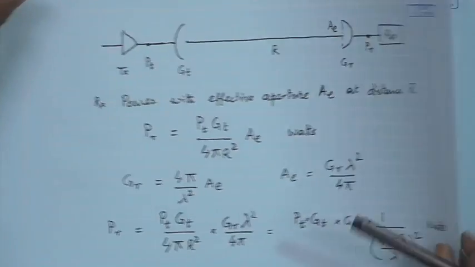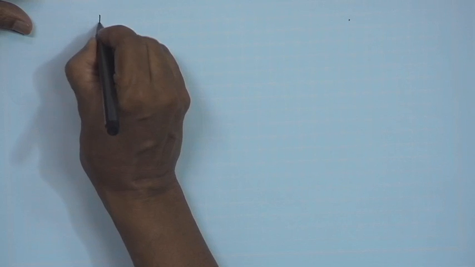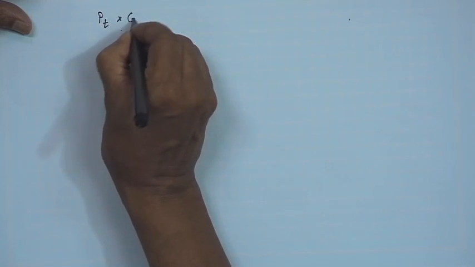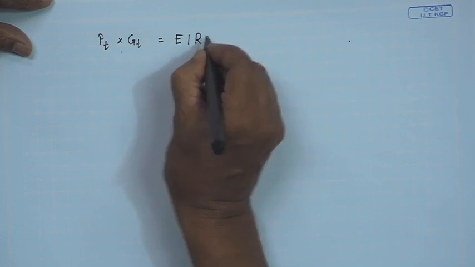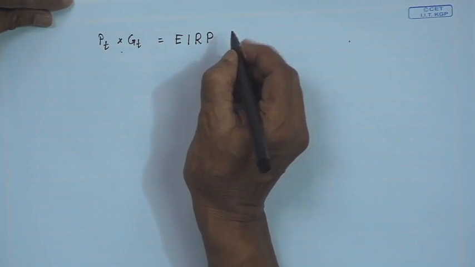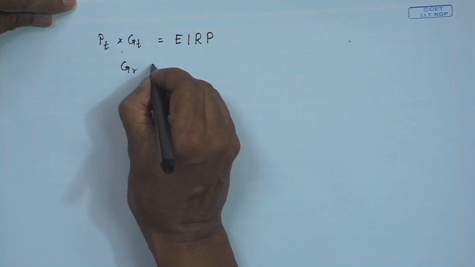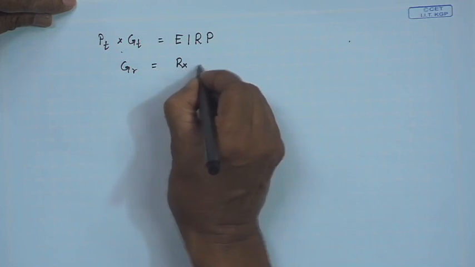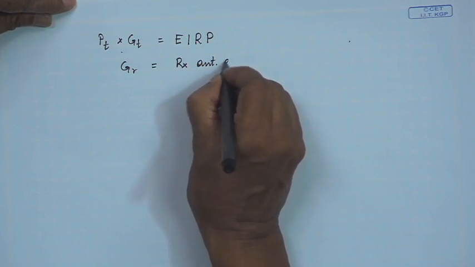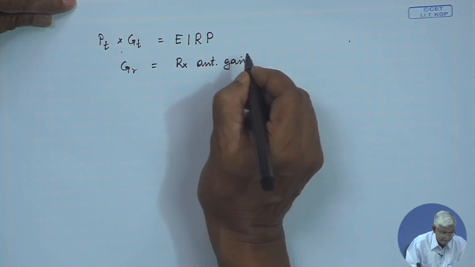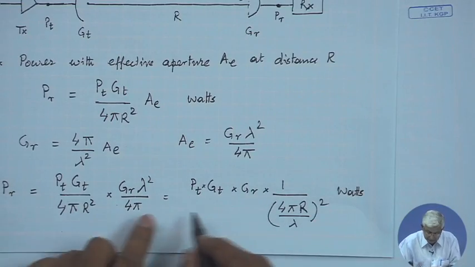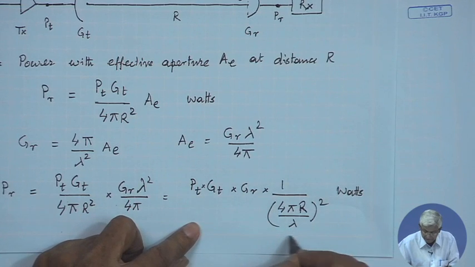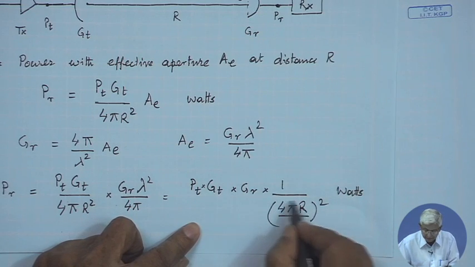So, let us rewrite it again. So, we have seen that PT into GT, we have defined them by a term called effective isotropic radiated power, and GR is the receive antenna gain. And now, we have seen this power is reduced by a factor 4 pi r by lambda whole square.